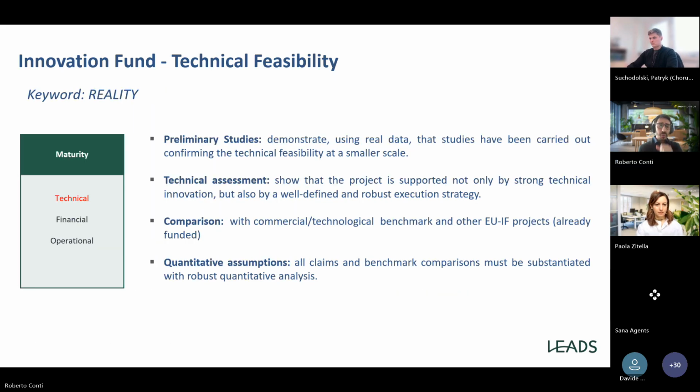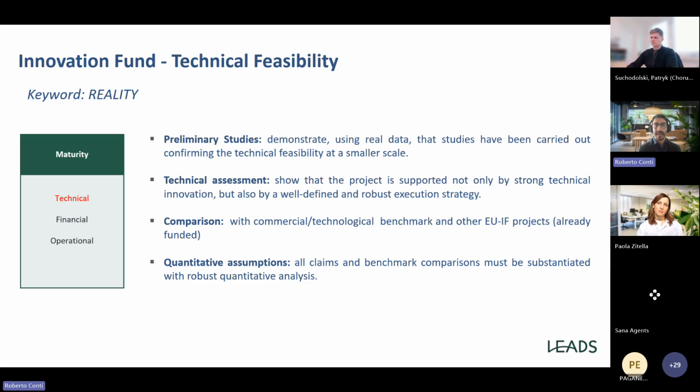Then we have the second criterion, which is maturity. In this case, the keyword, I can say, is reality. To demonstrate technical maturity and operational maturity, you should show preliminary studies already done, using real data.